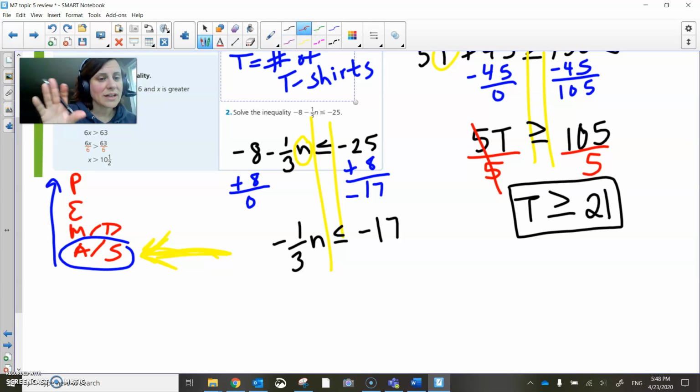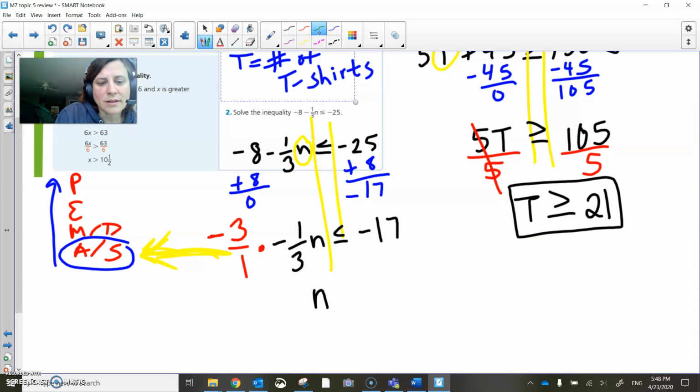So I'm not going to do that tricky little thing I did in the last example. I'm going to do it the other way this time. I know I'm going to have to divide both sides by negative 1/3. And remember, dividing by a fraction means you are multiplying by the reciprocal of that fraction, right? And since what I want down here is a positive n, that means that this number needs to be negative because a negative times a negative is a positive.